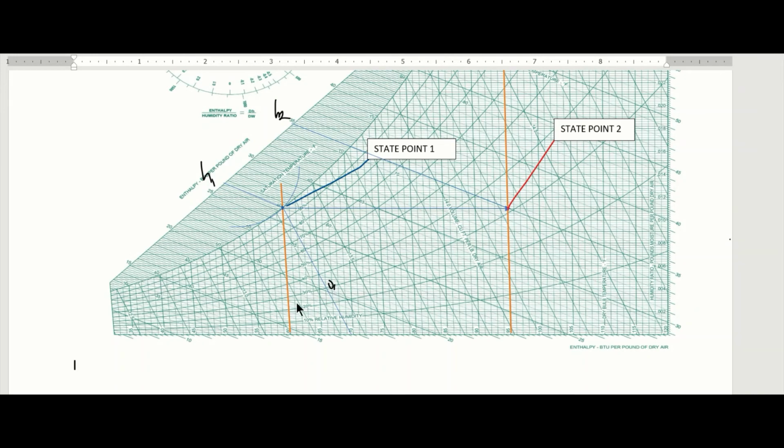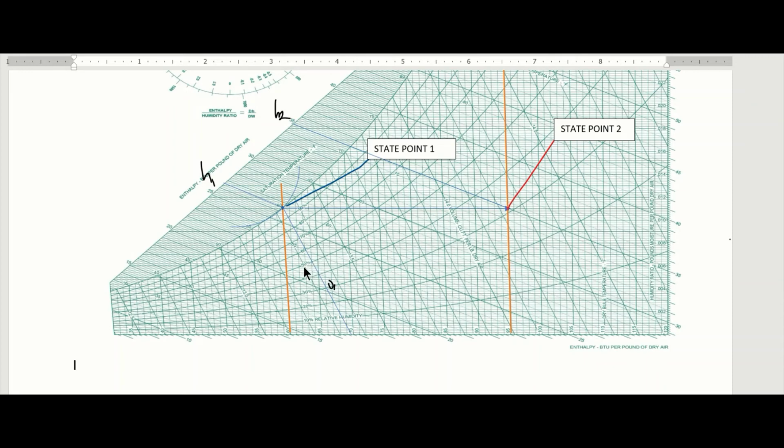As you can see from the chart, here is 13.0, 13.1, 13.2, 13.3, 13.4, 13.5. My V1 falls between 13.3 and 13.4 and is closer to 13.3.